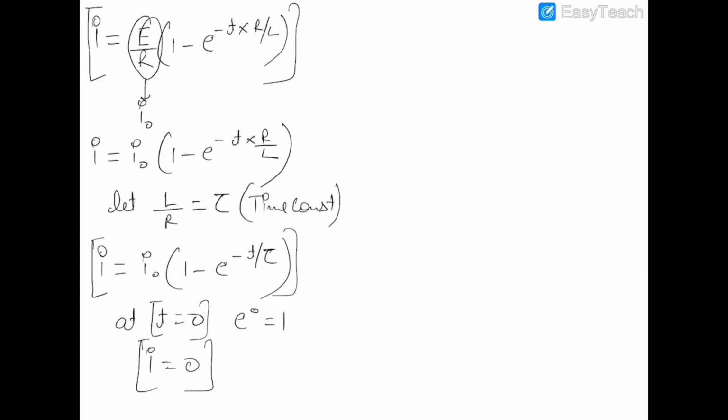Why am I telling this is a growth? Because the current is equal to I naught into 1 minus 1 upon e to the power plus t by tau.